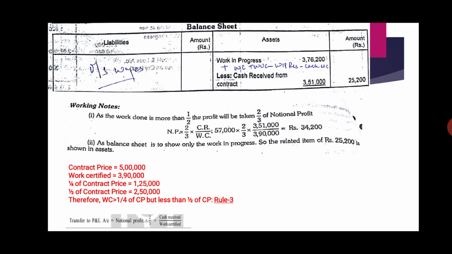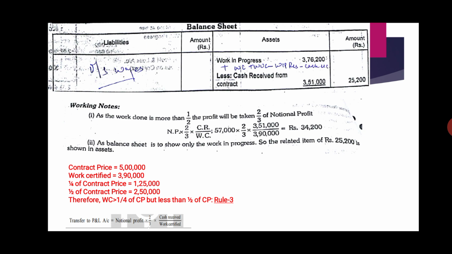Contract price is 5 lakh, work certified is 3,90,000. One fourth of the contract price and half of the contract price have been calculated. What we observe is work certified 3,90,000 is more than 1,25,000, which is one fourth of the contract price, but it is less than half of the contract price.